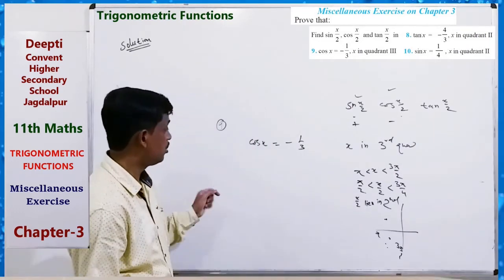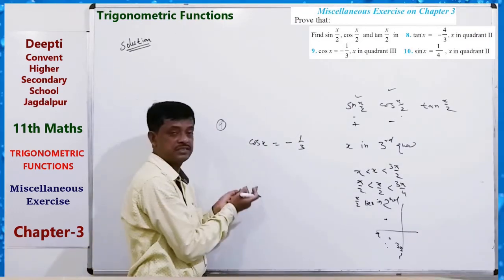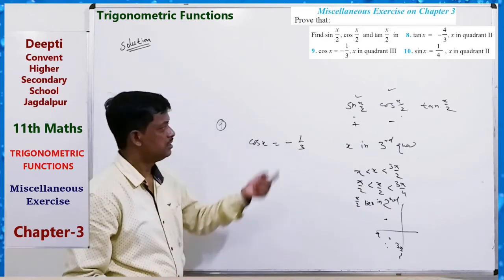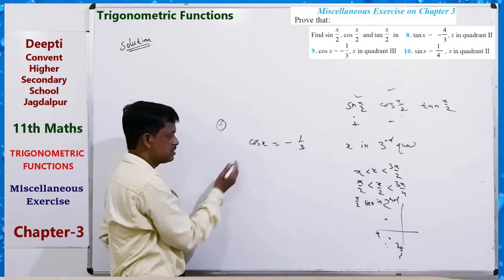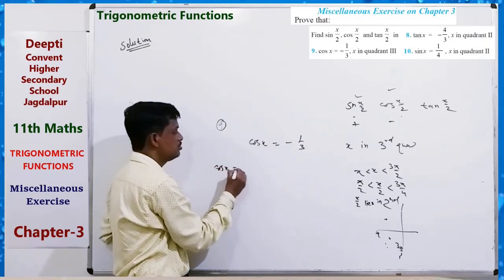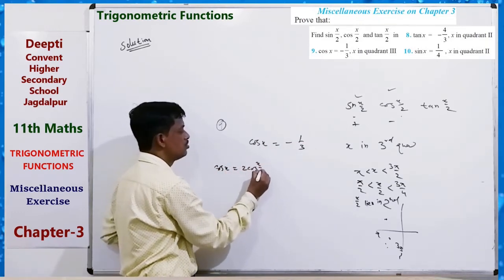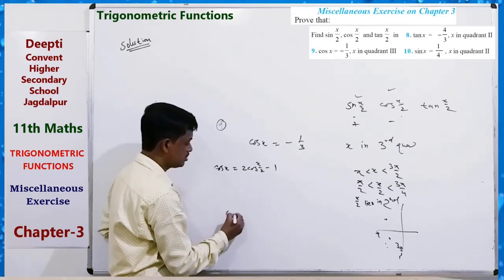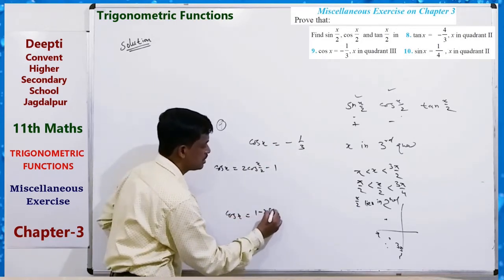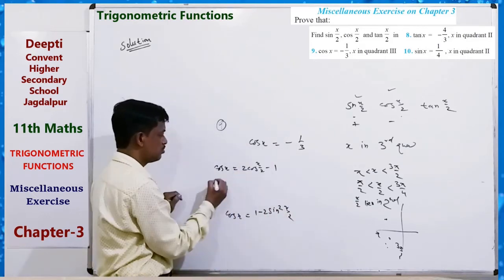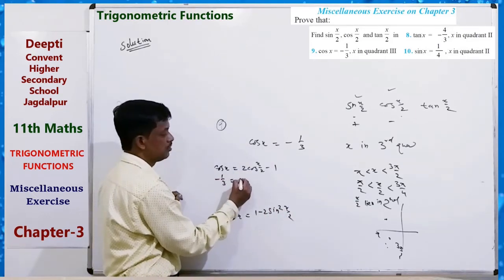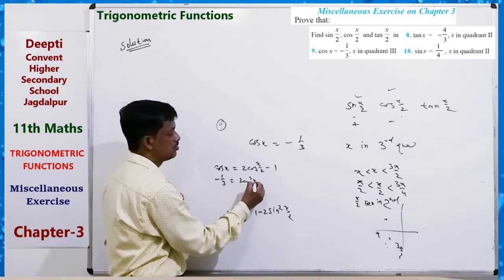And how can we solve it? Cos x is given, so we can find the values of sin x by 2 and cos x by 2. Very simple. Use the formulas: cos x equals 2 cos square x by 2 minus 1, and cos x equals 1 minus 2 sin square x by 2. Cos x equals minus 1 by 3, so minus 1 by 3 equals 2 cos square x by 2 minus 1.